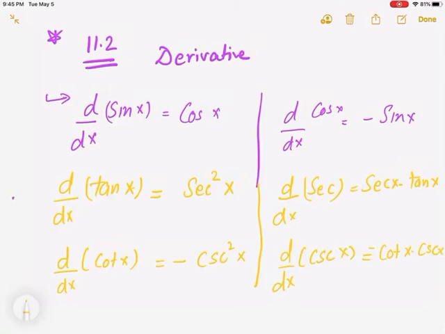If you want to look at your book, you can find these equations on page 681. There's a box, so you have all those equations in there.